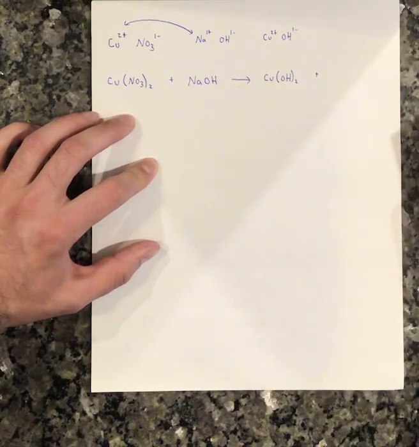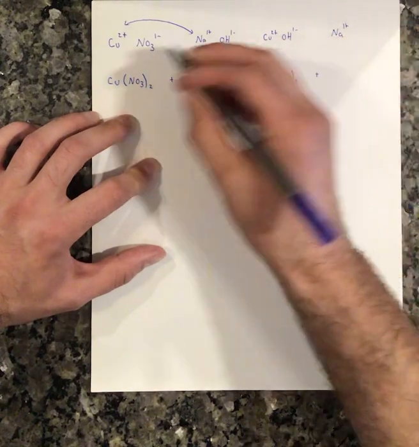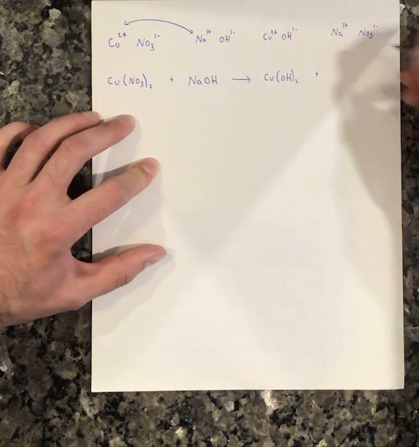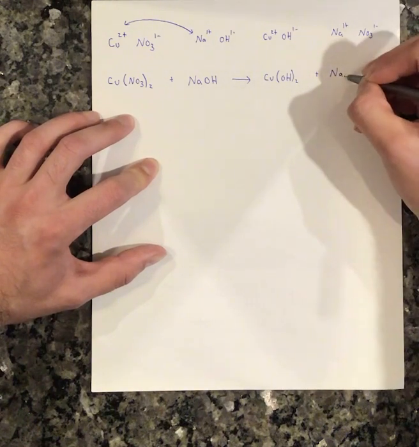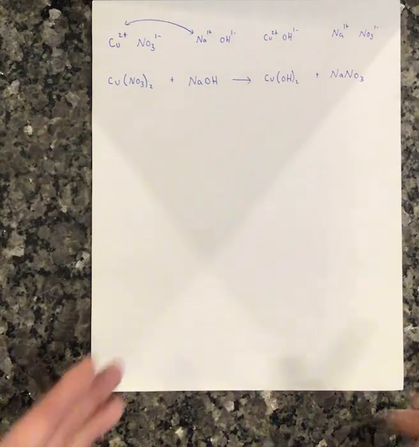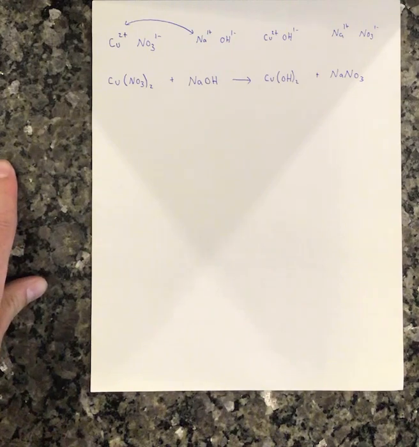I also would get sodium mixing with my nitrate, which is NO3 1 negative, so I'd get NaNO3. So once again, here is my layout for my double displacement reactions.